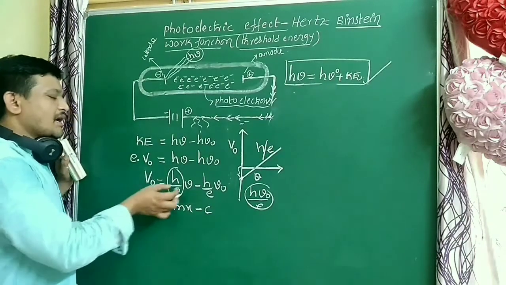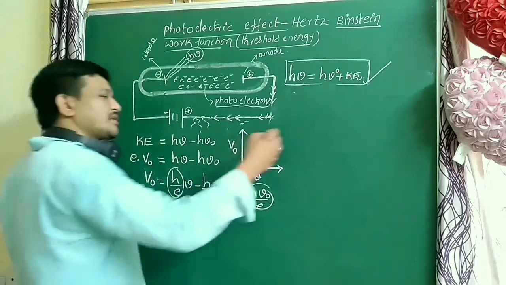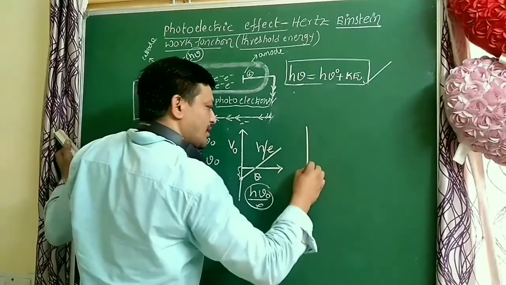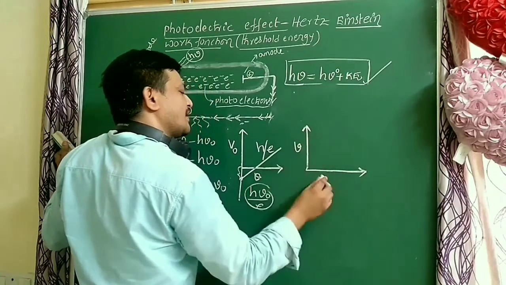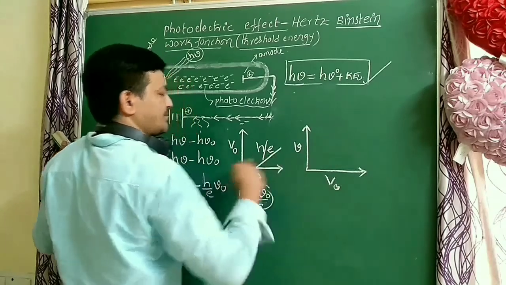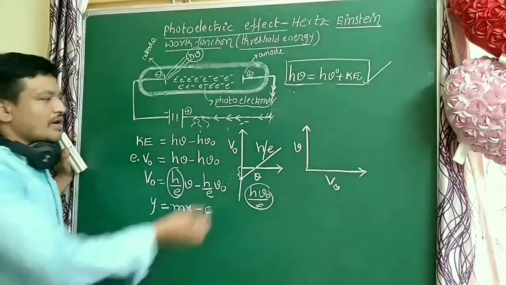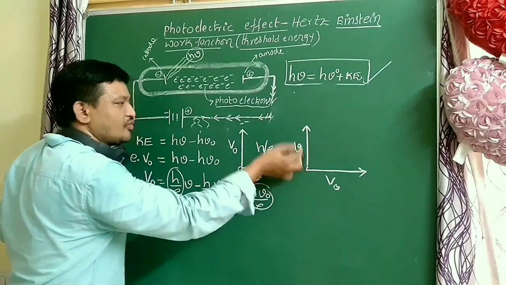Sometimes they ask the graph between frequency and V naught, reverse. So now what is on the y-axis? Mu is there.